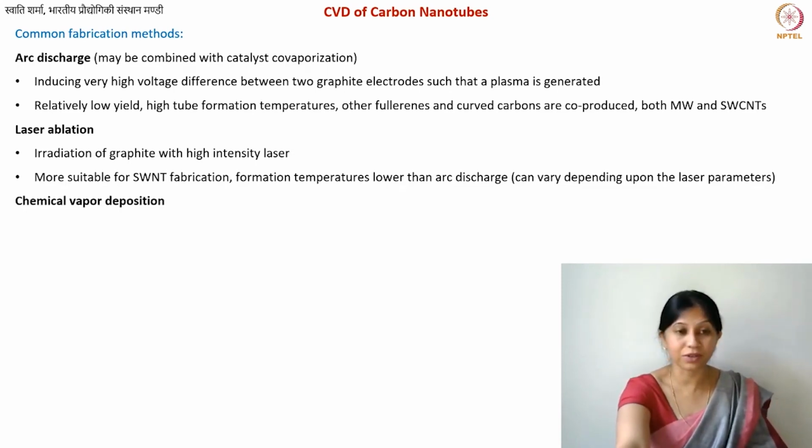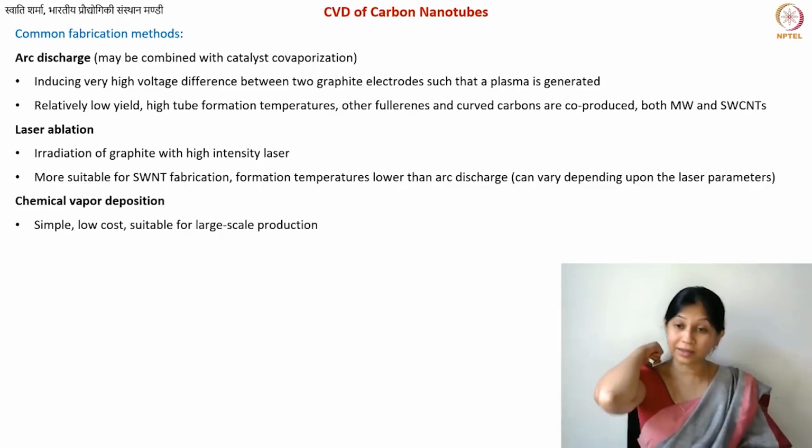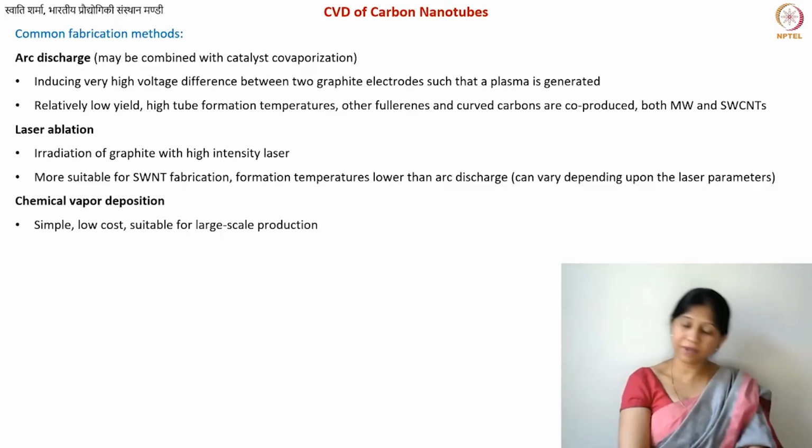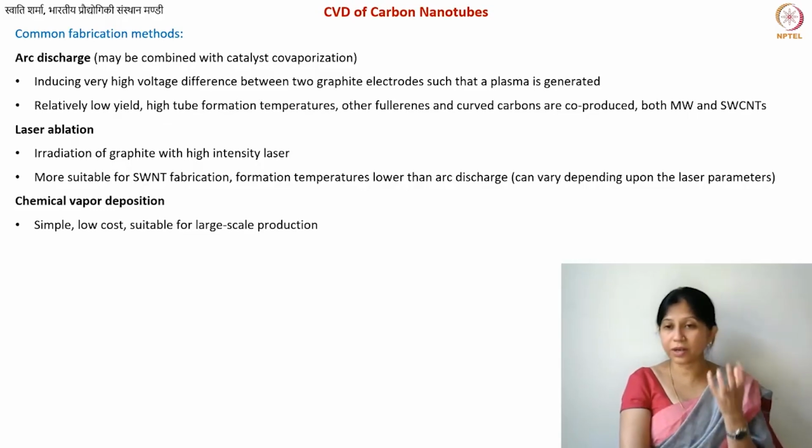CVD we are going to discuss in a little more detail, because you already understand the fundamentals of CVD. It's very similar to what we learned in the case of graphene, and also the fundamentals of CVD reactors. I would again suggest that you go through that lecture. The hot wall reactor, the cold wall reactor, the fundamental things remain the same, and even the pyrolysis process remains the same.